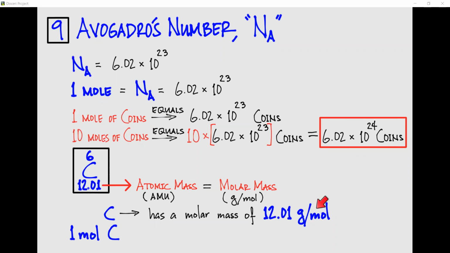So the molar mass tells you the mass of the atom or the molecule per 1 mole of the substance. Okay, so for example here, 1 mole of carbon would weigh 12.01 grams.